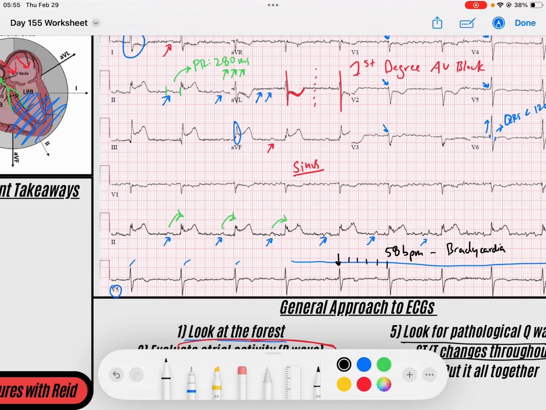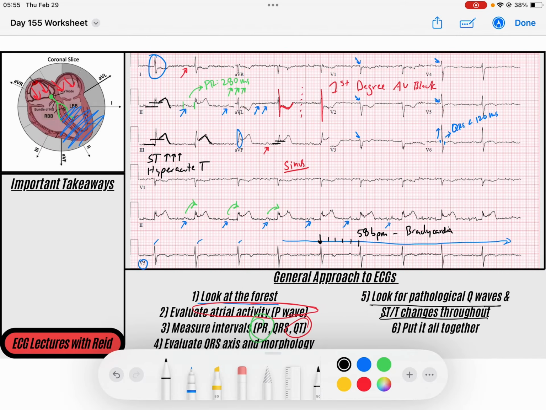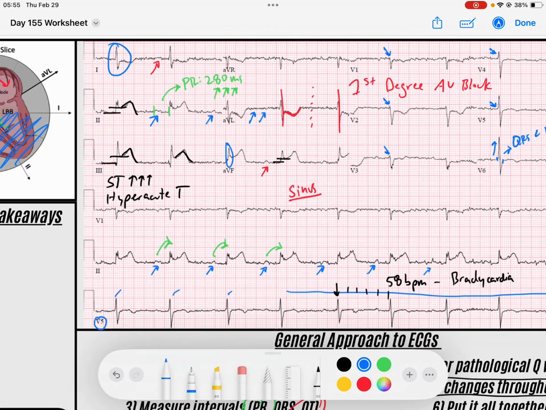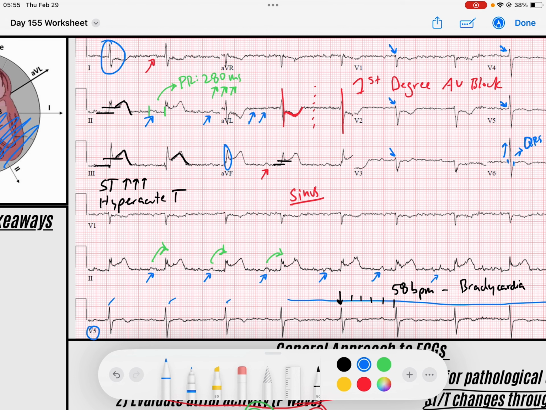If you look at the inferior leads, you can see all this ST elevation in the inferior leads with these hyperacute T waves. So we've got ST elevation and hyperacute T waves in my inferior leads. I've got reciprocal depression in my lateral leads, right?